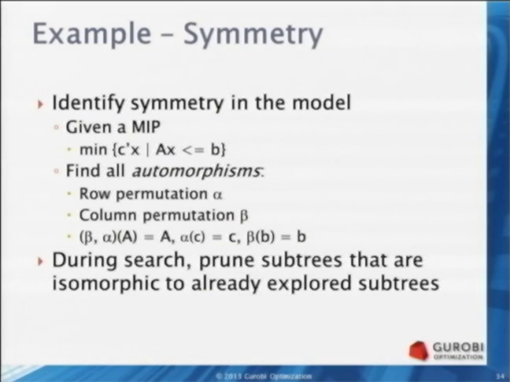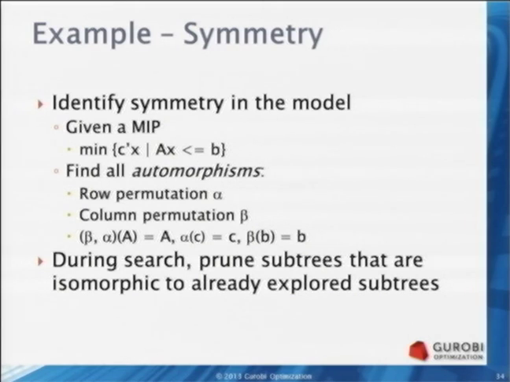So what can you do with this information? Well, you can do a lot of things. Probably the simplest thing to imagine is, let's say you're in the middle of a branch and bound search. You visit a node, and you discover that the node you're visiting is isomorphic to a node that you've already visited.